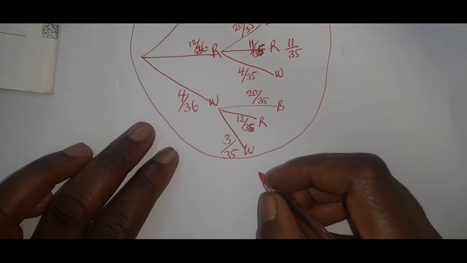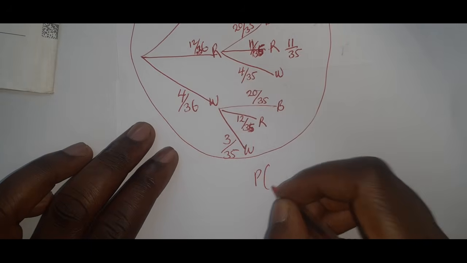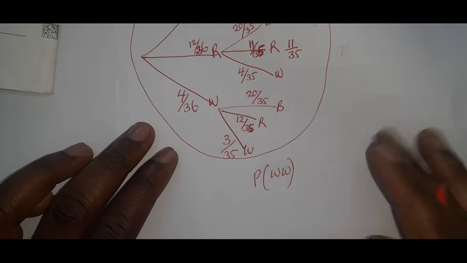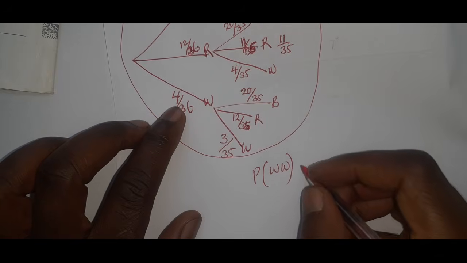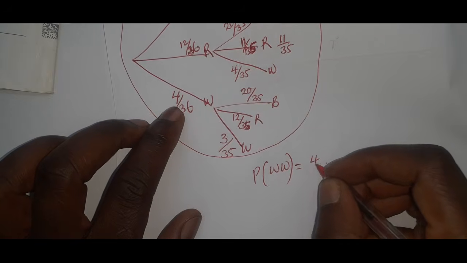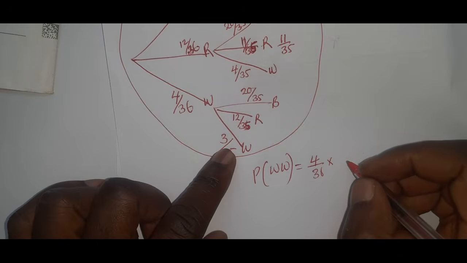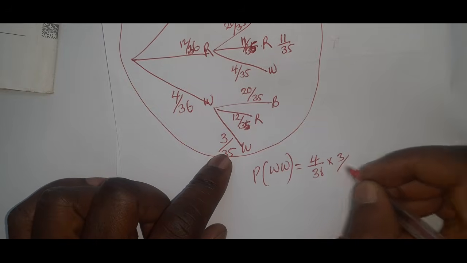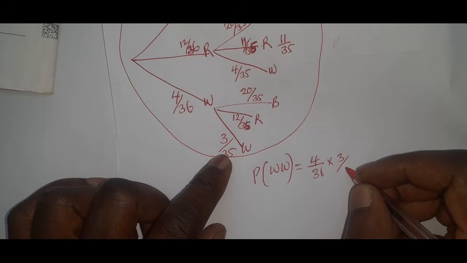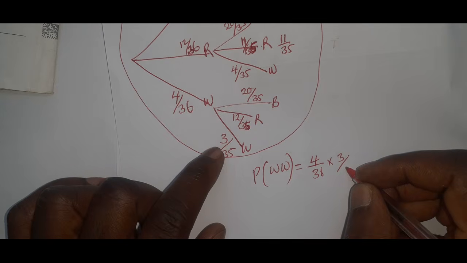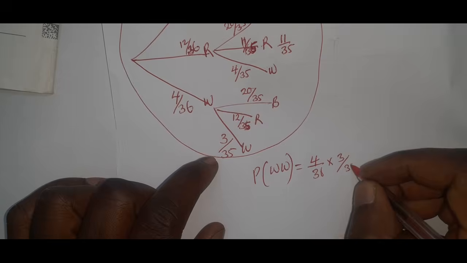So the probability that you have white and white. For the first white we have 4 over 36, and then the second one also to be white is 3 over 35.